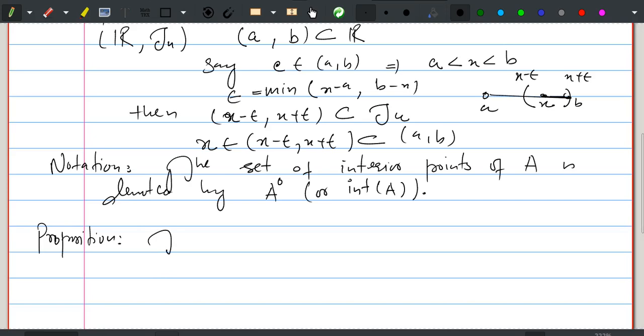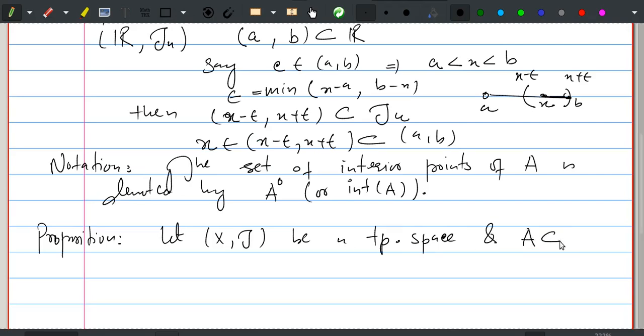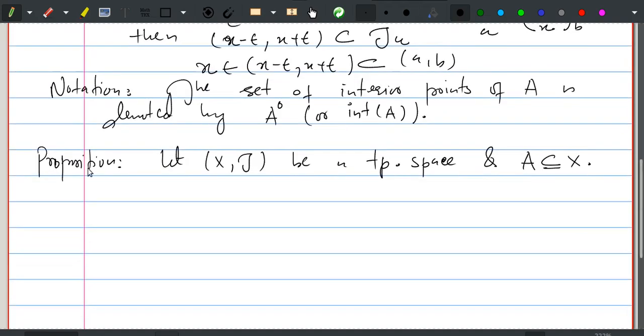Let us write it this way: let (X, T) be a topological space and let A be a subset of X. Then we have the following.